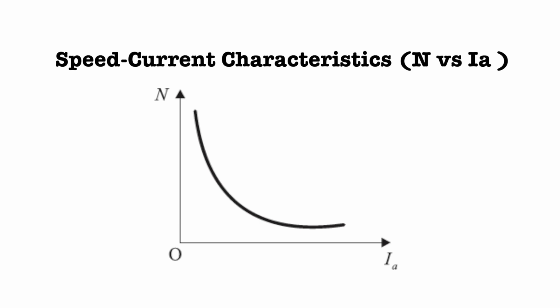So the speed armature current characteristic is a rectangular hyperbola type as shown. The speed armature current curve is typically downward sloping. The curve demonstrates that the speed of the motor drops as the load and consequently the armature current increases.